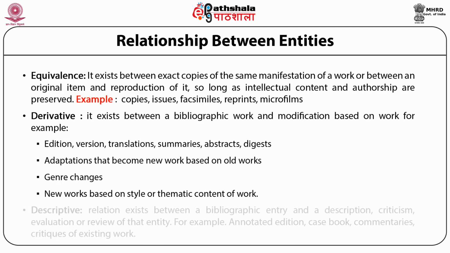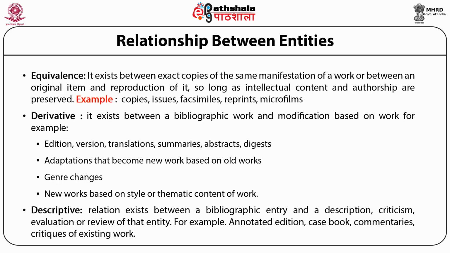Third aspect is descriptive. Here the relationship exists between a bibliographic entity or entry and a description, criticism, evaluation or review of that entity. For example, annotated edition, case book, commentaries, critiques of existing works, etc.